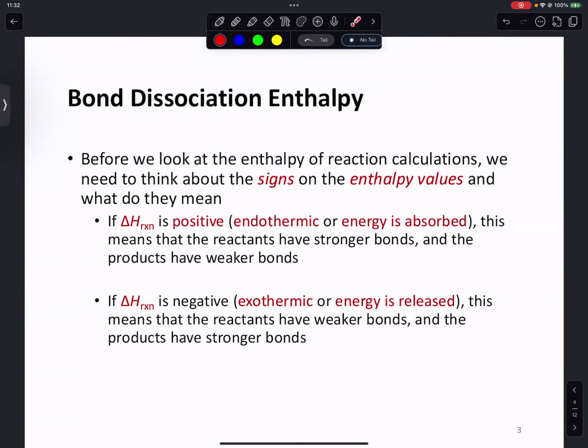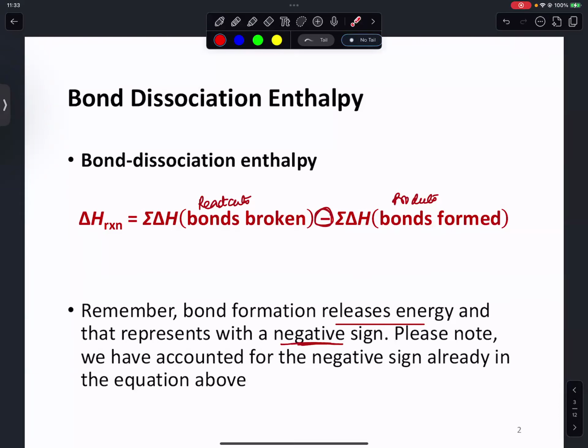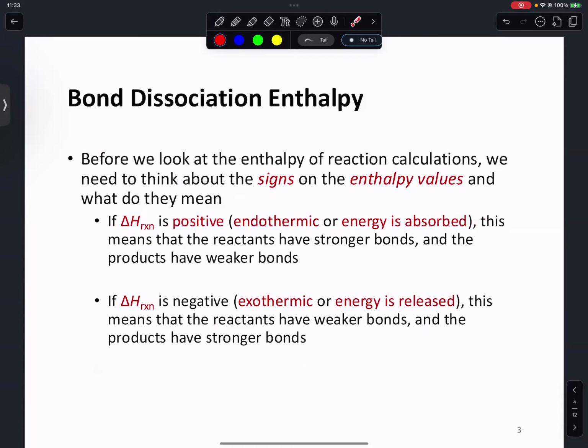Now, before we look at how to calculate the enthalpy change of the reaction, you might also be asked to calculate based on the bond dissociation enthalpy. We're calculating delta H. I forgot to mention that. We're calculating the change in the enthalpy of the reaction. And you will be asked if this reaction is endothermic or exothermic based on the signs.